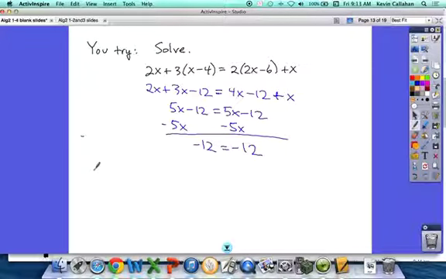So again, we get a result that does not depend on the value of x. And it happens to be a true statement. And that tells you that this is always true. The solution, you would say, is all real numbers. Anything you plug in will work. And when you get something like that, which is actually true for all real numbers, that is called an identity.